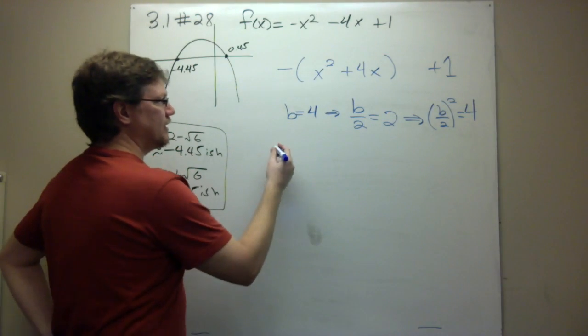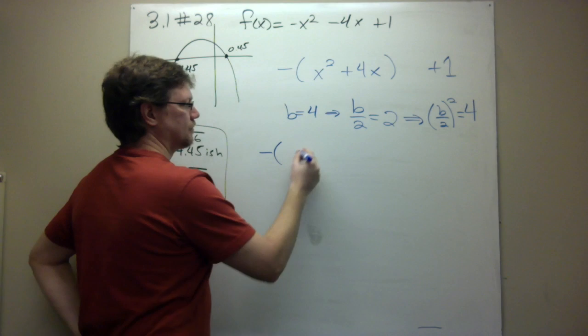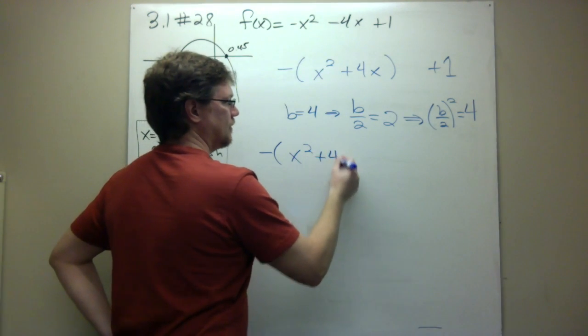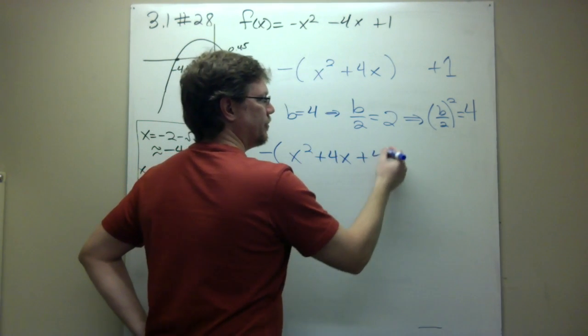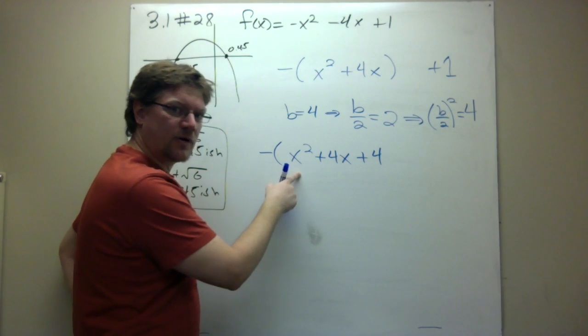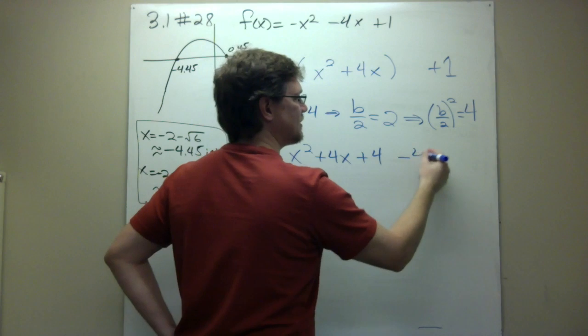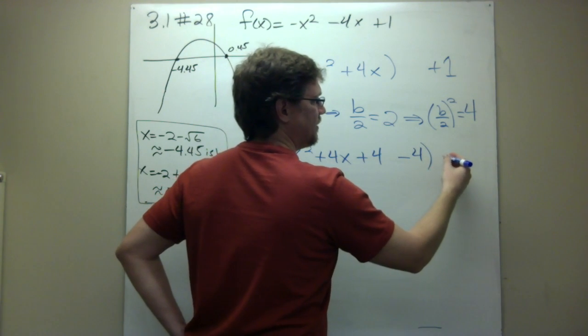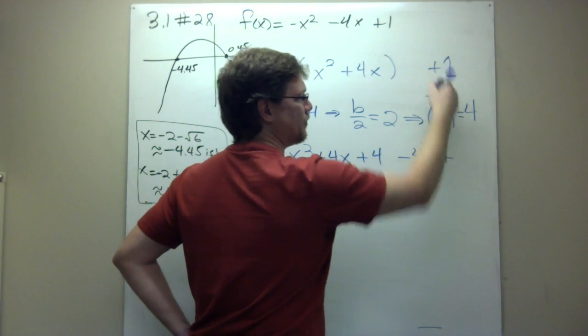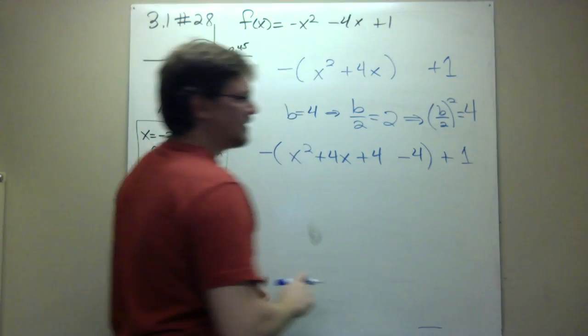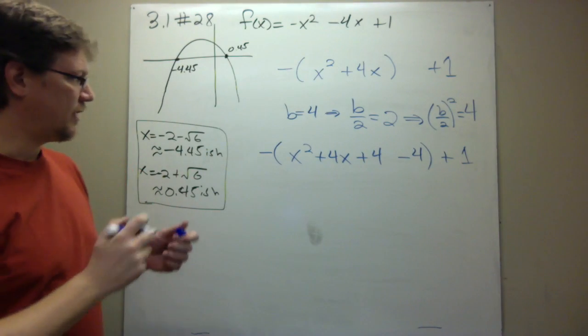So it's going to look like this. The plus 4, I always want to associate with the rest of my quadratic. The minus is just carried along for the ride, and this plus 1 is still outside. I haven't done anything with that.